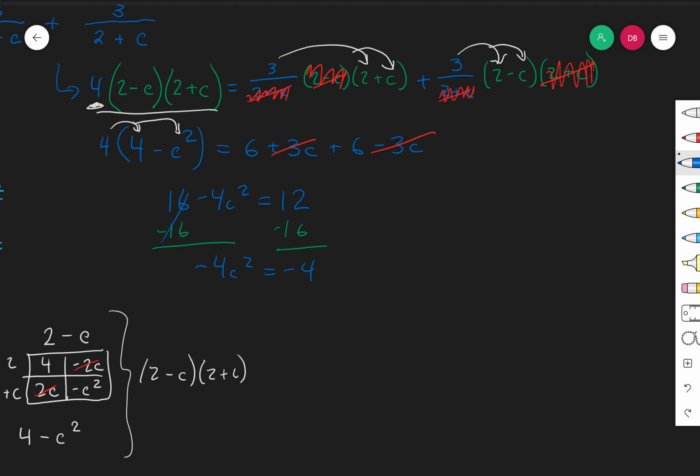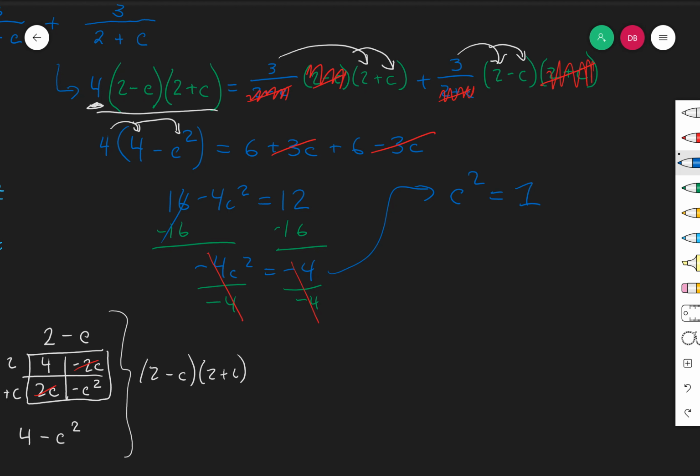Now we can divide both sides by negative 4, and that will get rid of the negative 4's over here. It actually turns these into a 1 too. So then we've got c squared is equal to 1.